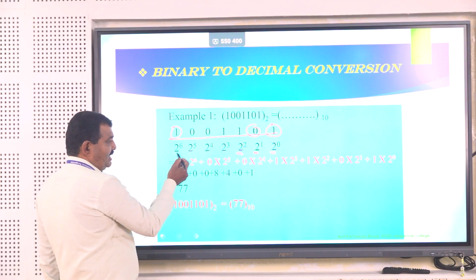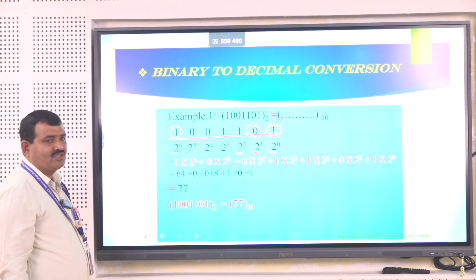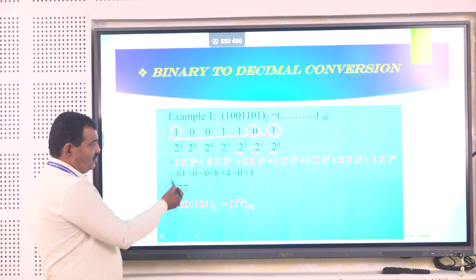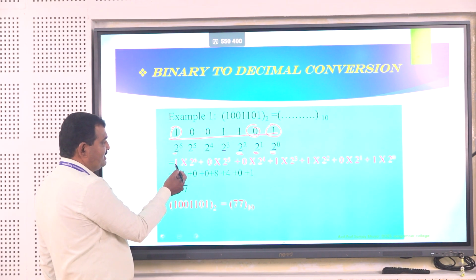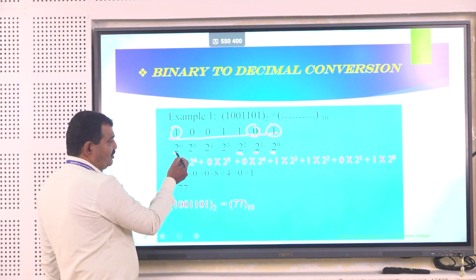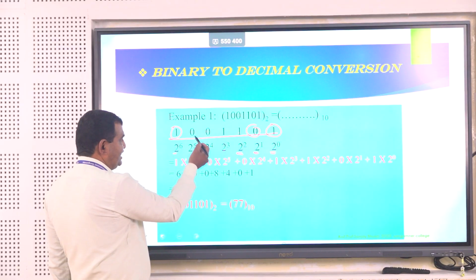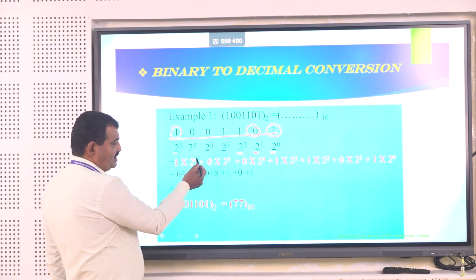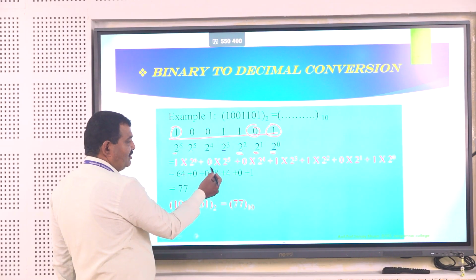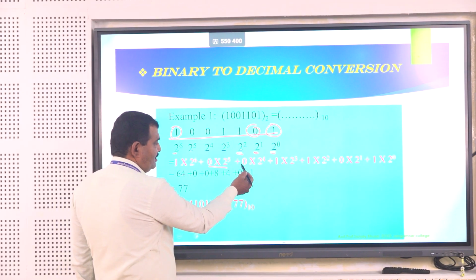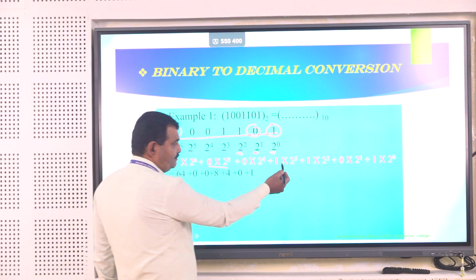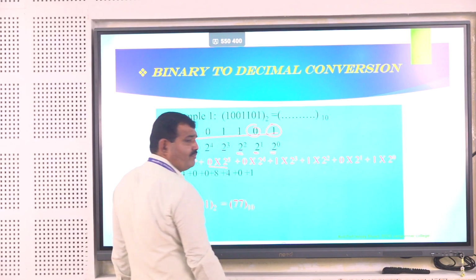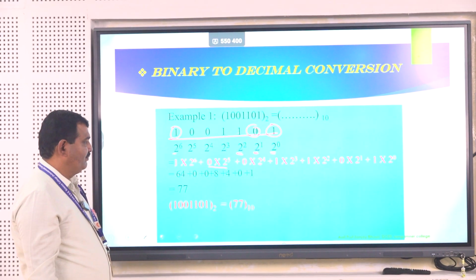This 1 is having positional value 2 raised to 6. So we write weight of sum equation as digit into positional value plus next digit into positional value, as 1 into 2 raised to 6, 0 into 2 raised to 5 plus 0 into 2 raised to 4 and so on up to 1 into 2 raised to 0.